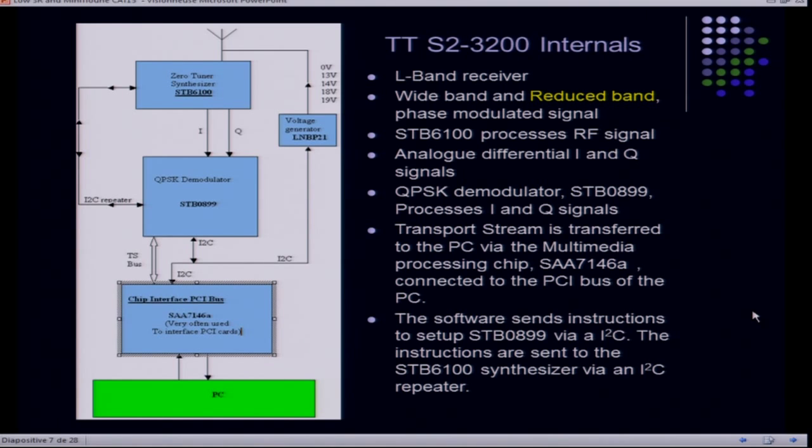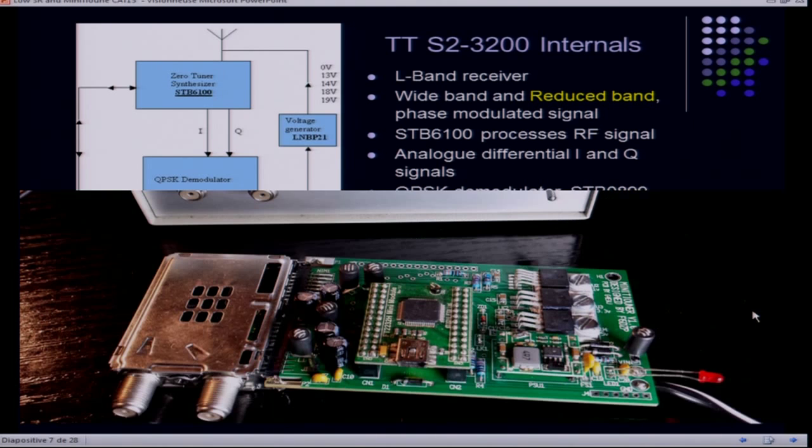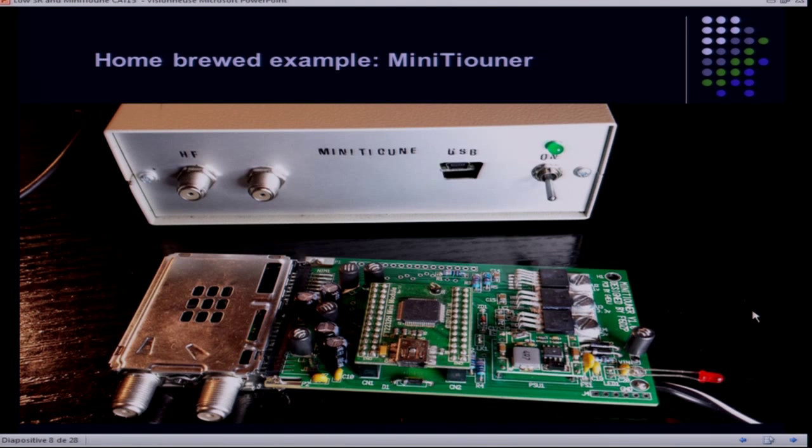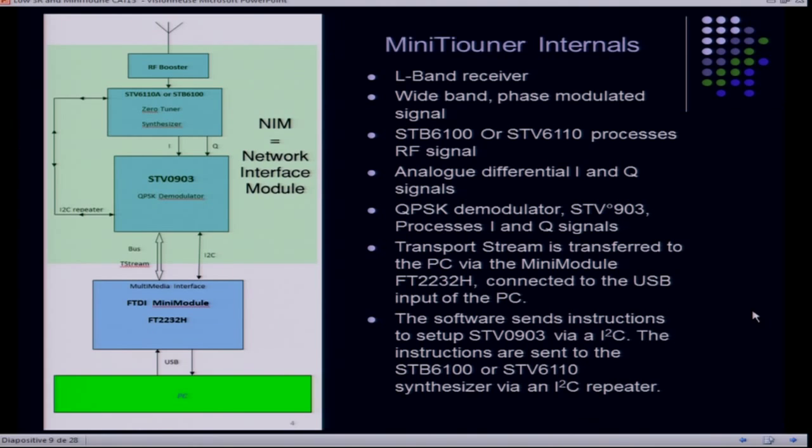And we have an interface for the PCI bus, but it can be also for USB bus. If we look quickly at the mini tuner, we have seen it, this little mini tuner, just to see what is the diagram.